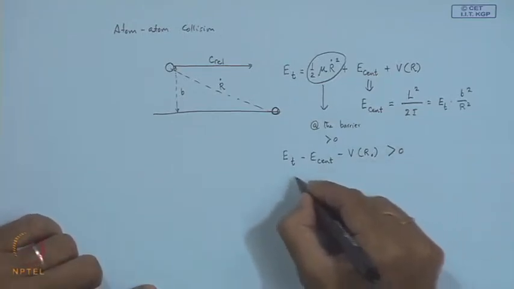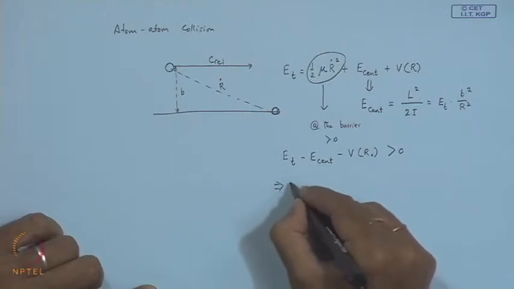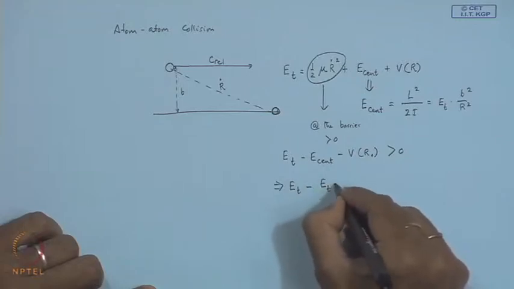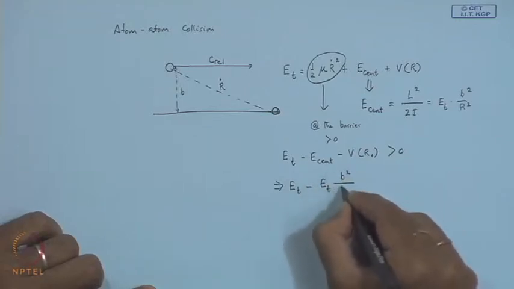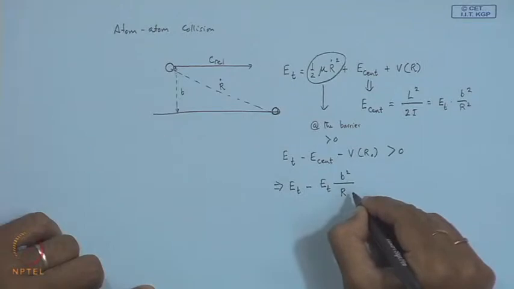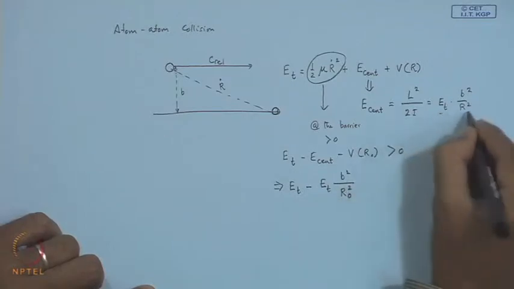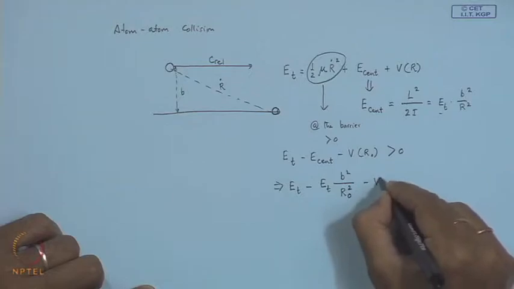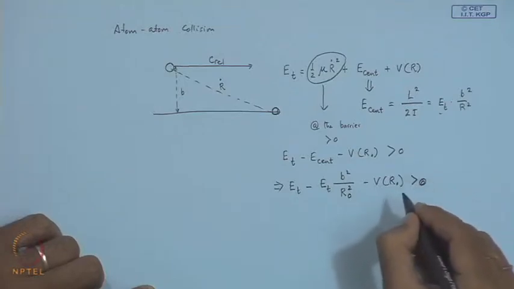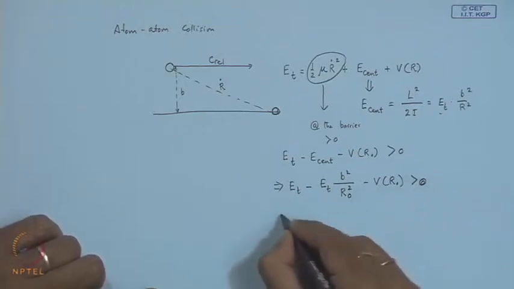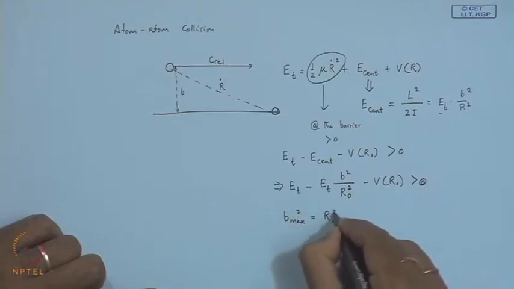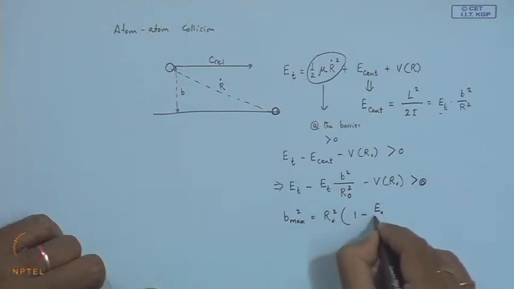Putting in all the ingredients, E t minus E t into B square by R0 square minus V(R0) is greater than 0. From this we can write the maximum value of B. So, B max can be calculated to be R0 square divided by 1 minus E0 by E t.